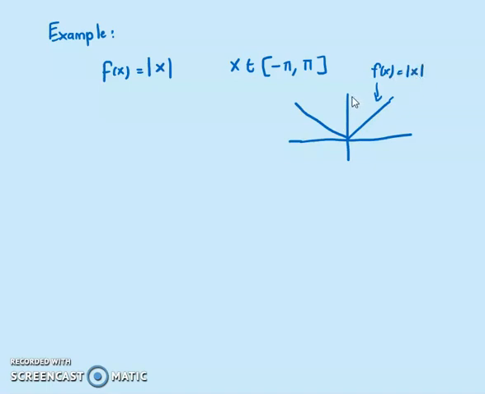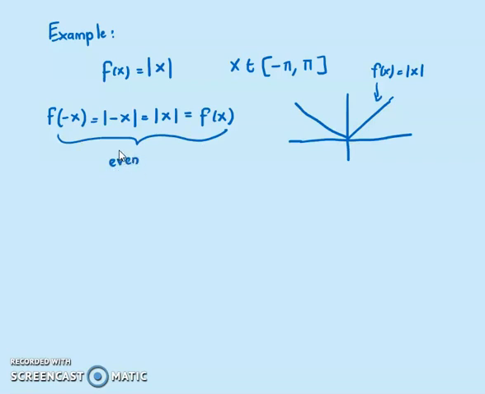So is it an odd or even function? Let's check. If I put negative x here, we have the same. When I put a negative value, you get the same back. f of negative x gives you back f(x). So we know that this is even.